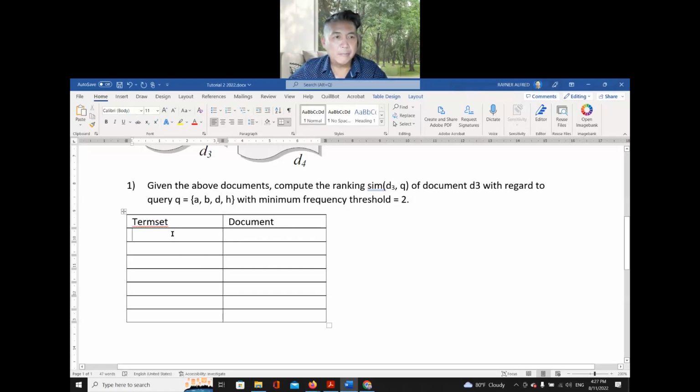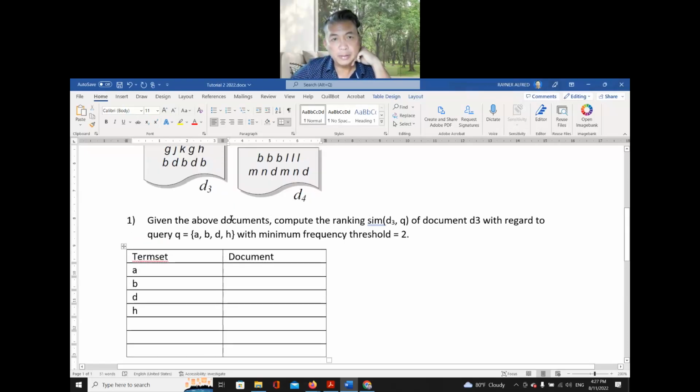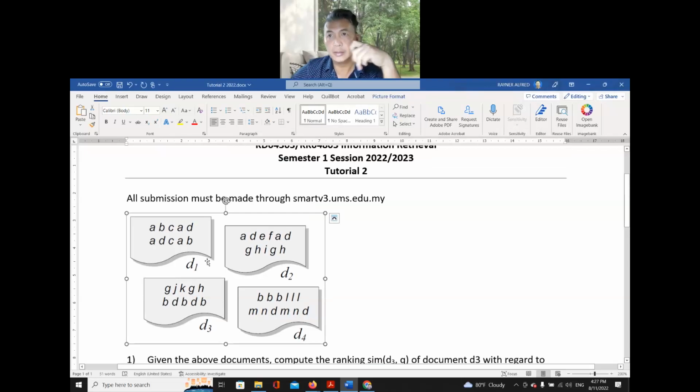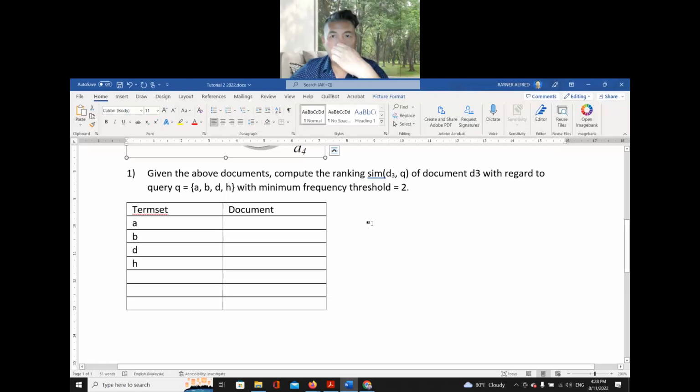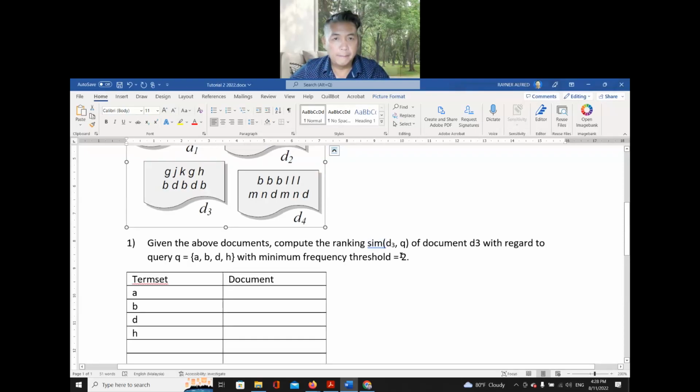So I have A, B, D, and H. Looking at this document, let me copy this one here. I will make it small.